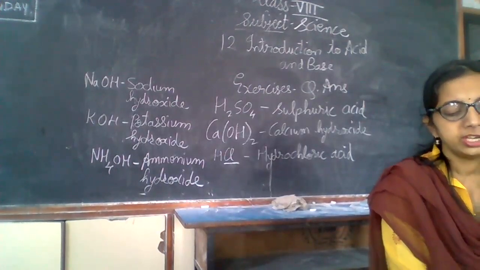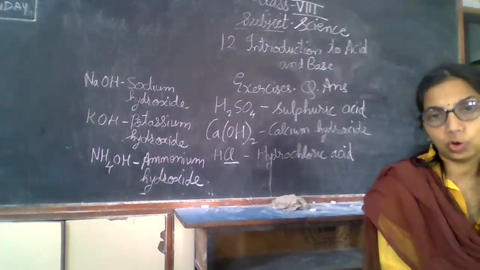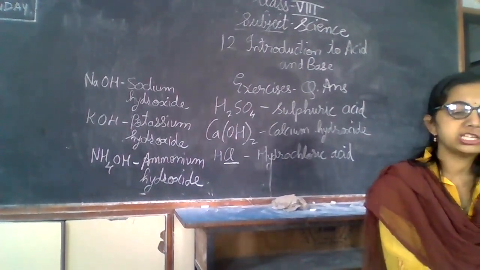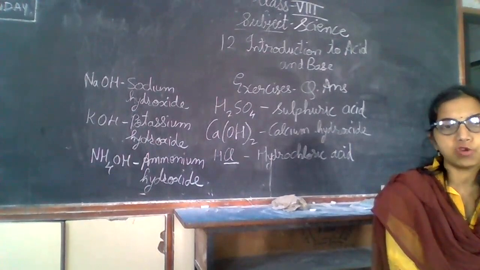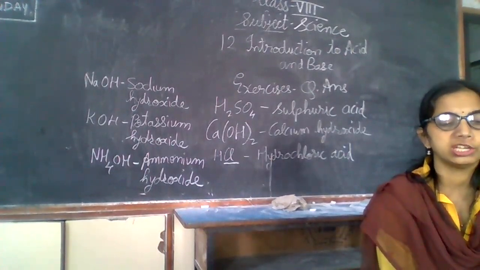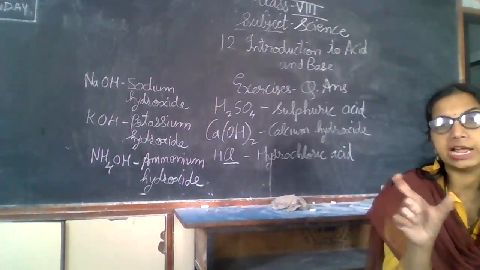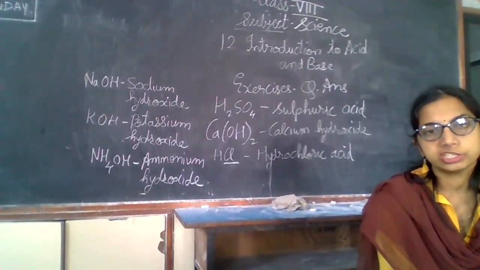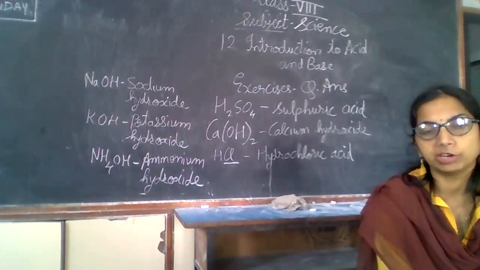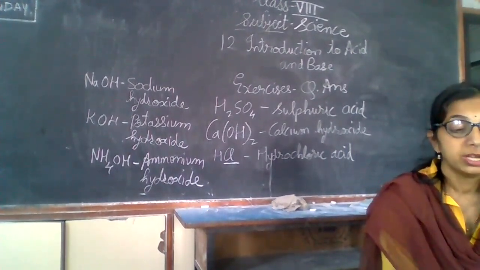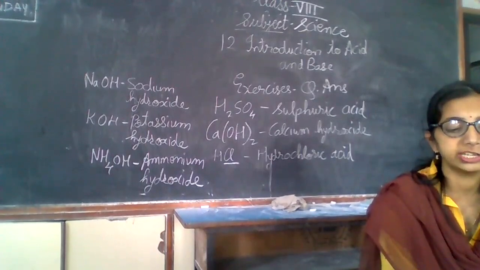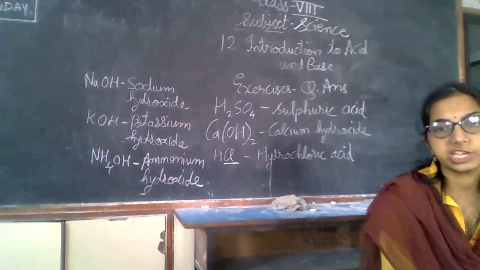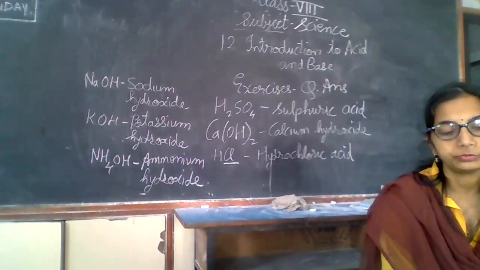Hydrochloric acid is used in the preparation of chloride ion. Sulfuric acid, H2SO4, is used in batteries, that is your electric cell that you use in torches in small quantity and in inverters in larger quantity. Dilute hydrochloric acid is used for sterilization of water.